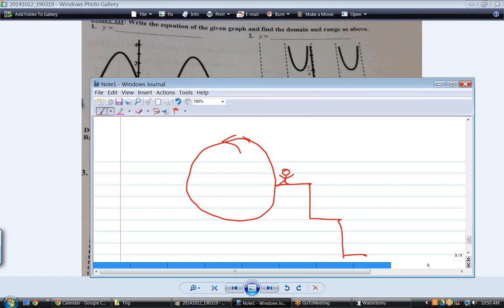Why? Because I'm getting on at the middle point, just like the sine curve starts at the middle, goes up, comes down to the middle, goes down, and goes up. It's exactly what's going to happen to these people getting on this Ferris wheel.